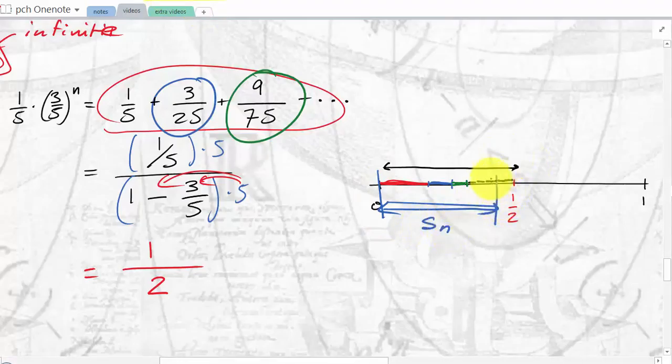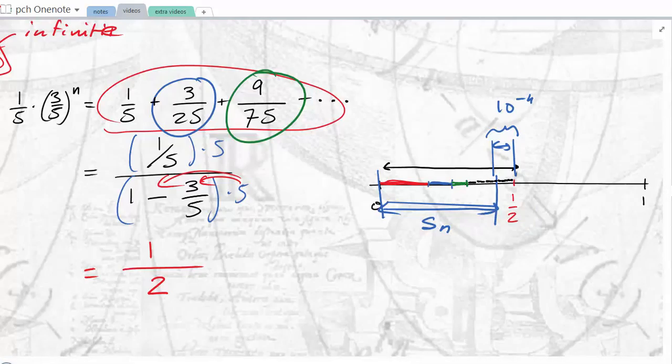So that the distance between Sn and 1/2 is within 10 to the negative 4. I want to be close to the whole sum, and I want to be 10 to the negative 4 away from the infinite sum.